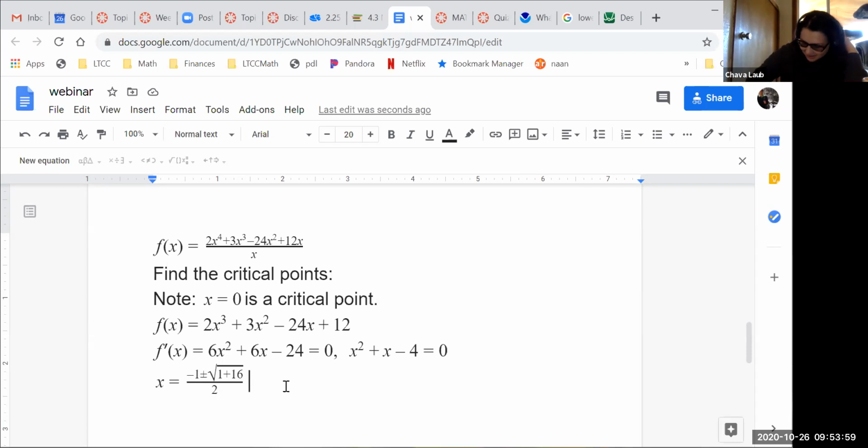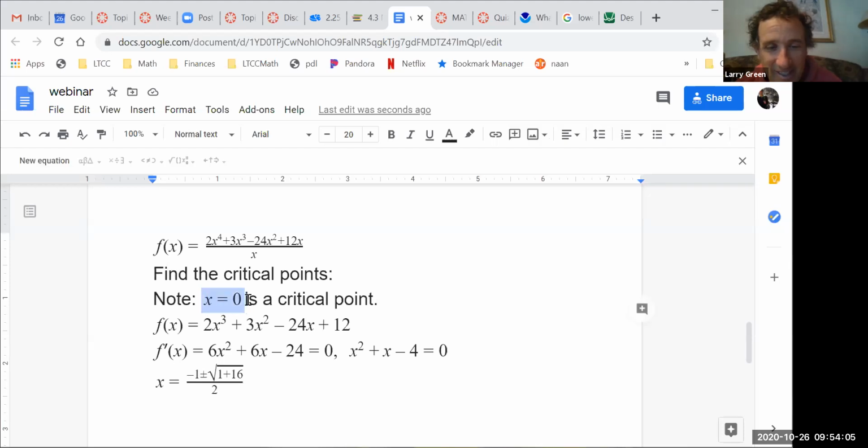Well, maybe it is a trick question because it's not 2. It's 3. We have a critical point at 0. We have a critical point at -1 plus the square root of 17 over 2. And we have a critical point at -1 minus the square root of 17 over 2. That's 3 critical points. Is that totally clear? Okay, so there's 3 critical points.